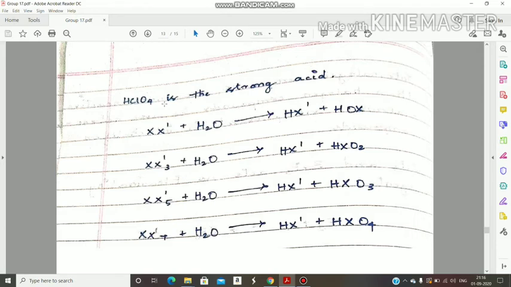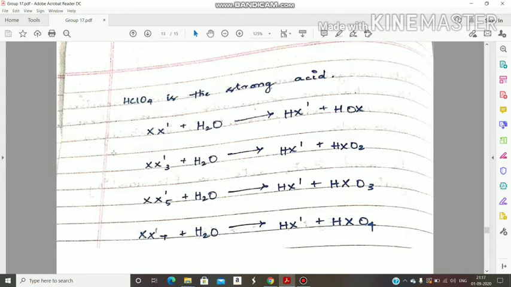In HClO4, chlorine has +7 oxidation state. In the remaining cases, chlorine exhibits +1, +3, +5. So compared to all those cases, here chlorine exhibits a higher oxidation state, so automatically it exhibits more acidic nature. So HClO4 is the strongest acid compared to the oxyacids of other chlorine.